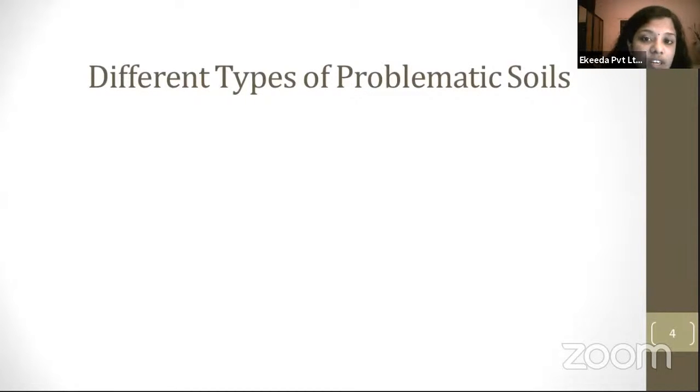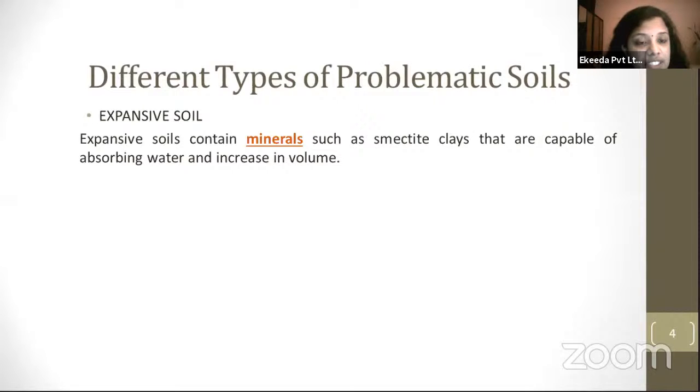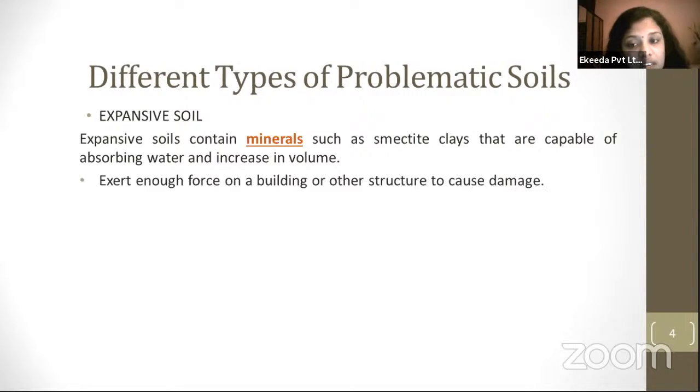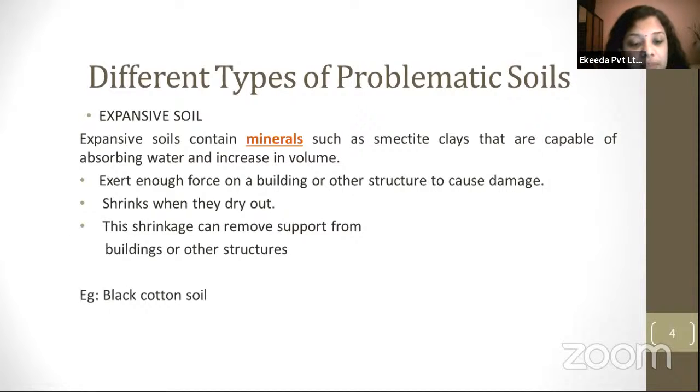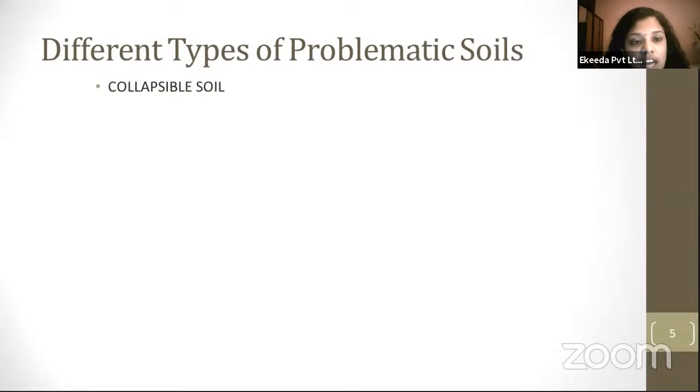Then next is different types of problematic soil. First is expansive soil. Expansive soil is the soil which rapidly changes its volume when water is applied, and it suddenly shrinks when it is dried out. The example is black cotton soil. And next is collapsible soil.